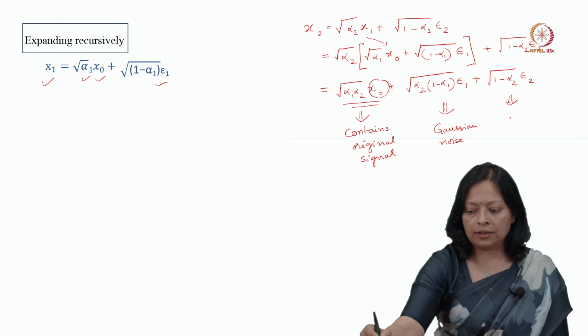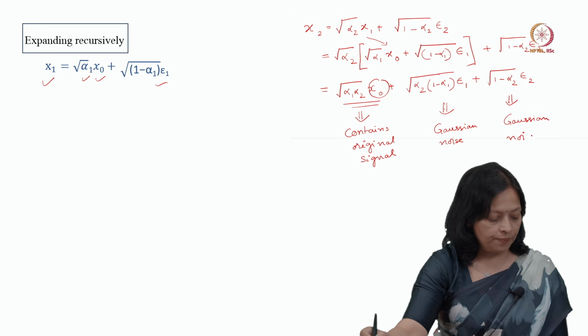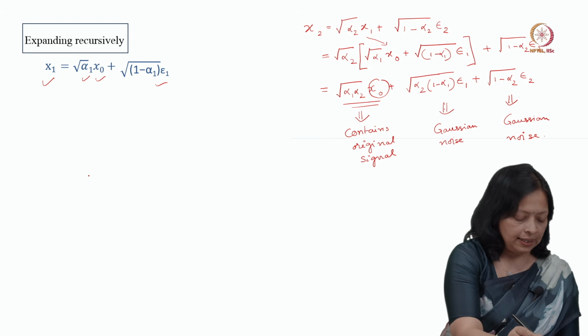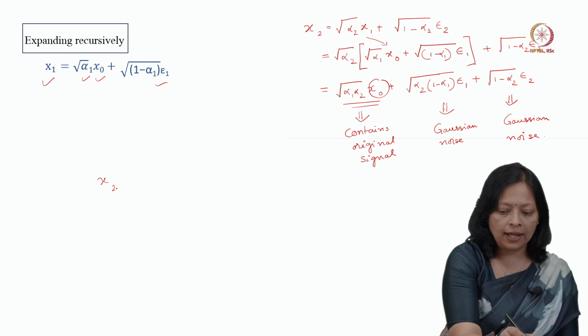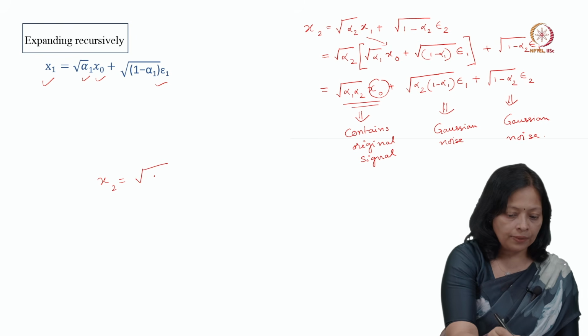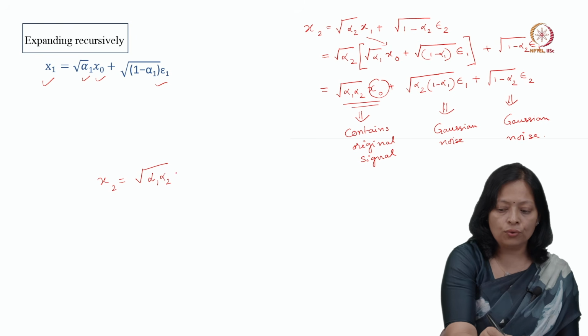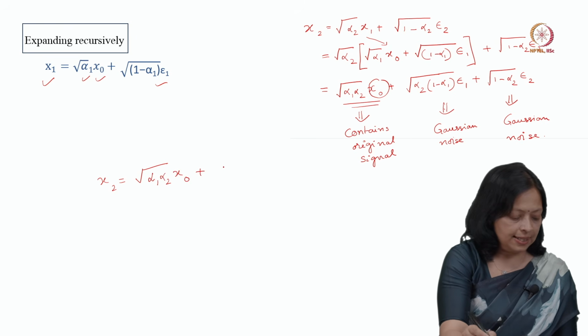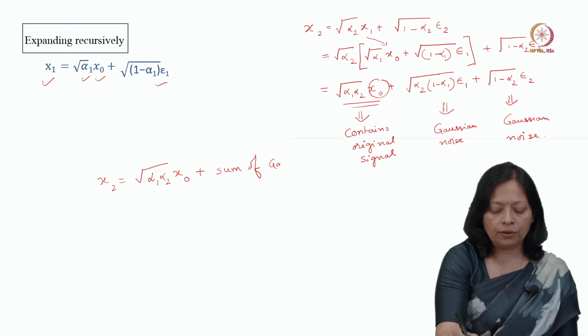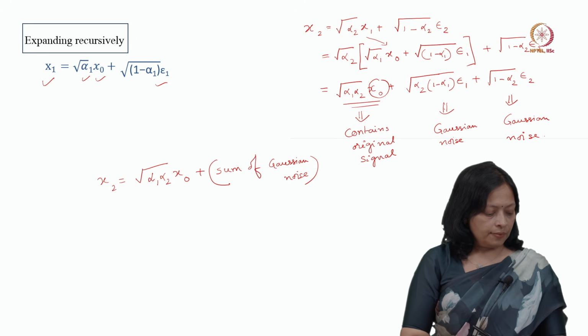This is also another Gaussian noise. So, can I write x 2 as square root of alpha 1 alpha 2 x 0 plus a sum of Gaussian noises?